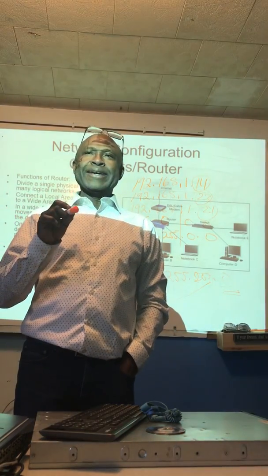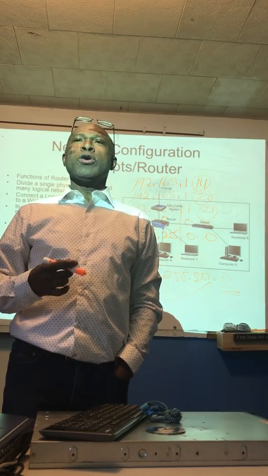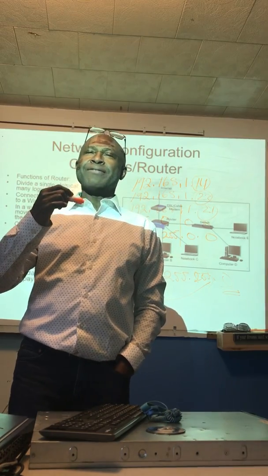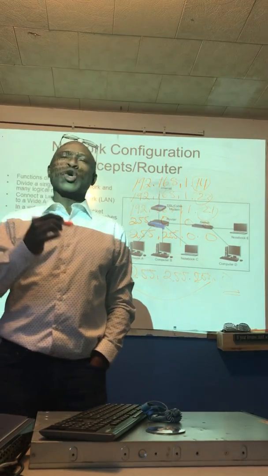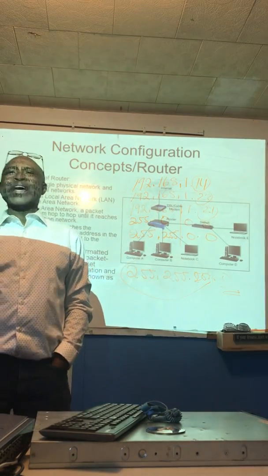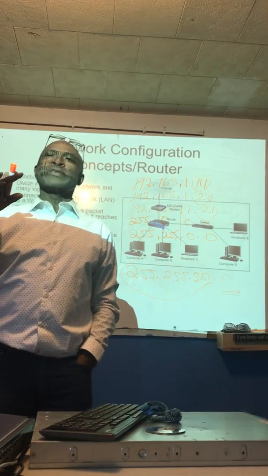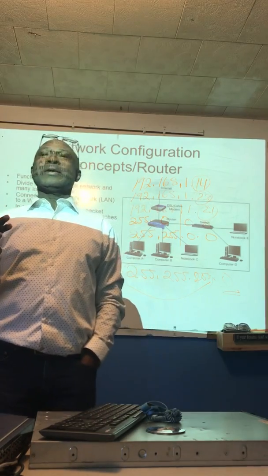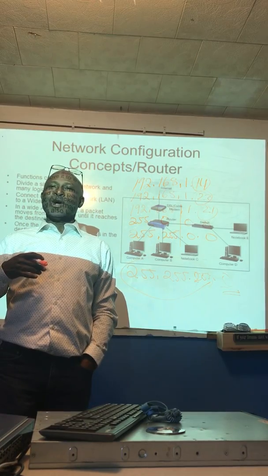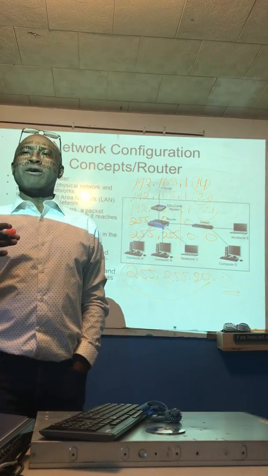in a local area network, the payload or the container that has the data is called a frame. And in that frame, you find three labels. The first label is the MAC address of the sending computer, and the MAC address of the receiving computer.